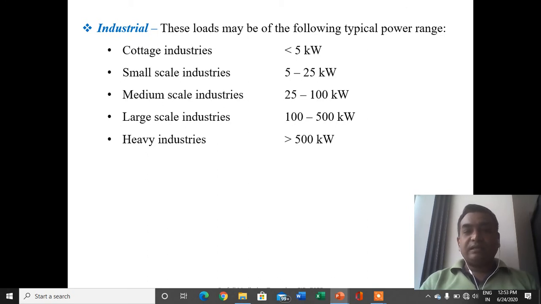Industries with power consumption from 25 to 100 kilowatt are termed medium scale industries. A load of 100 to 500 kilowatt comes under large scale industries, and heavy industries are those which consume more than 500 kilowatt of electrical load.